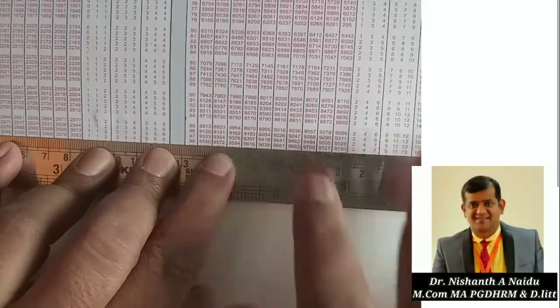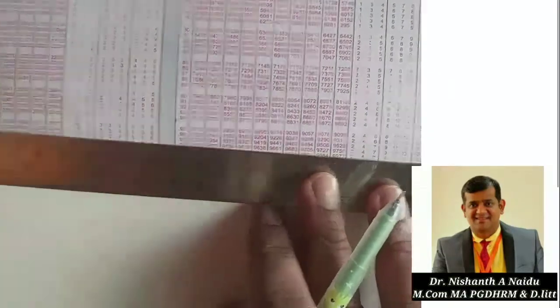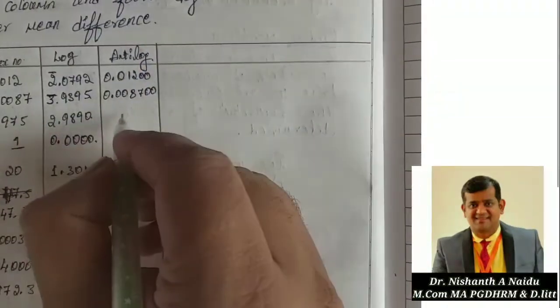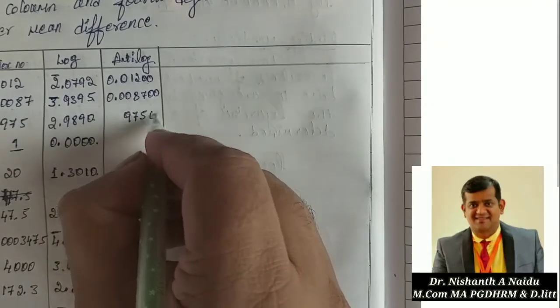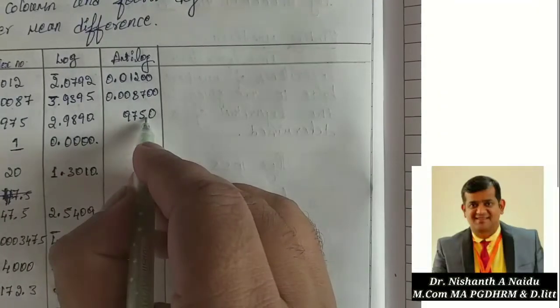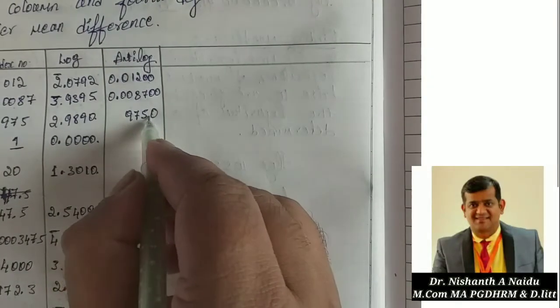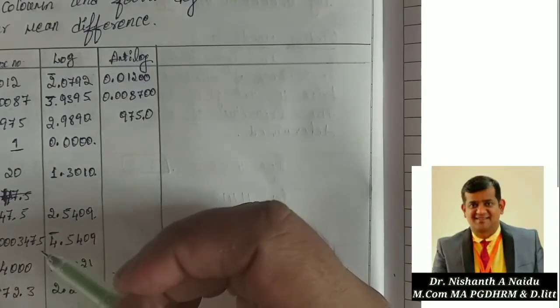It is 9750. Correct? So I am taking 9750 directly. Since there is a 0 at the end, I am going to put the point here, 975.0.